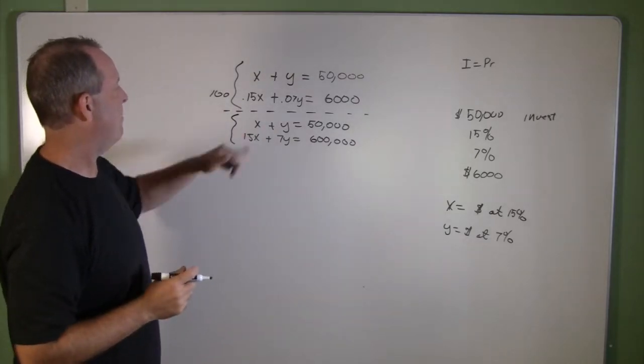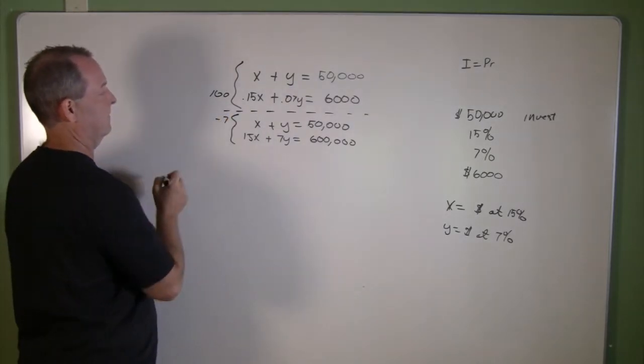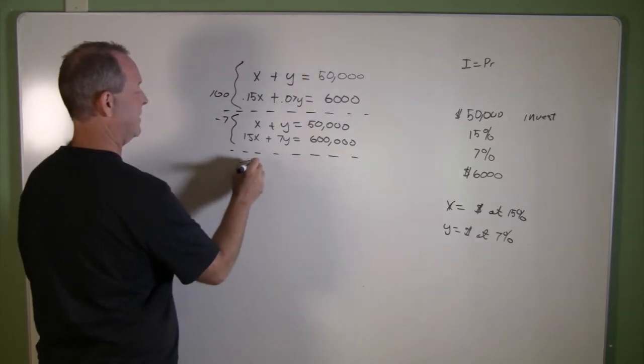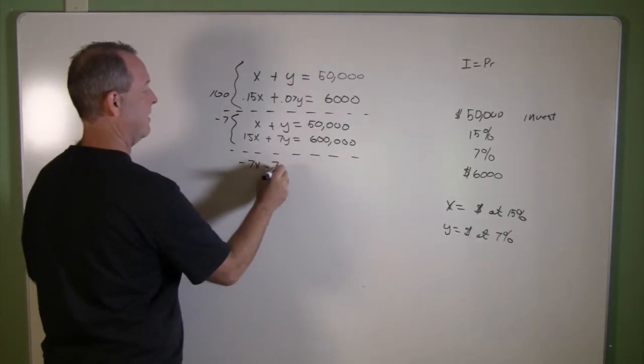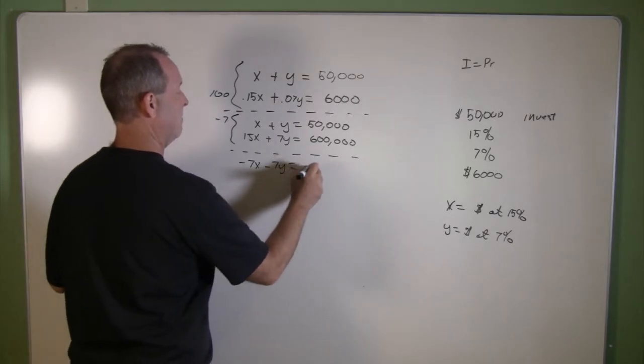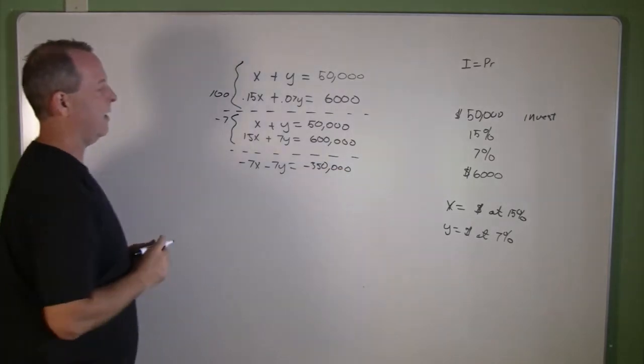Let's multiply the top one by -7. So I have -7x minus 7y equals -350,000. Did I do that correctly?